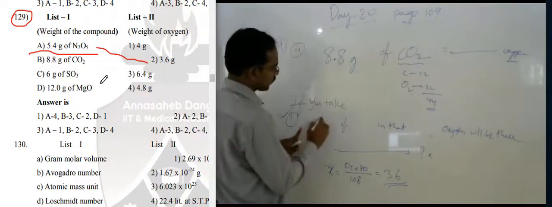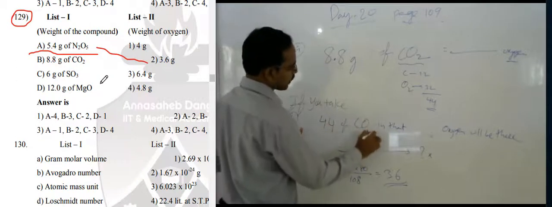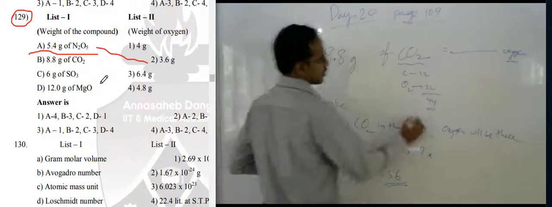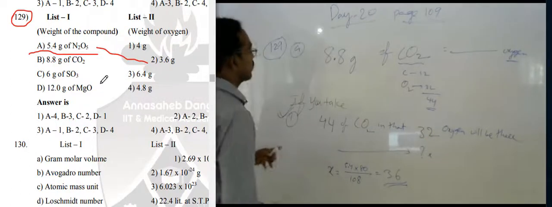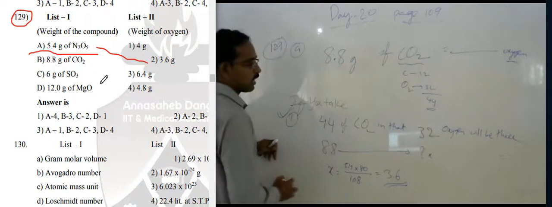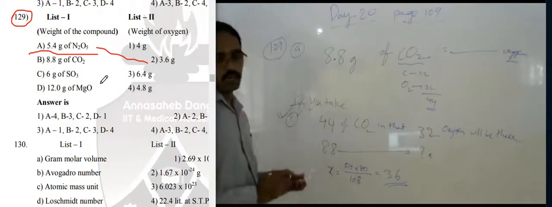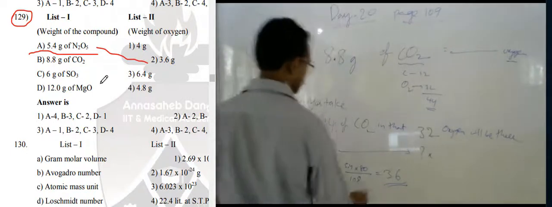Fast. How much? 44 grams of carbon dioxide, in that 32 gram oxygen will be there, but I am taking 8.8 gram carbon dioxide, then how many grams of oxygen will be there? Cross multiplication.